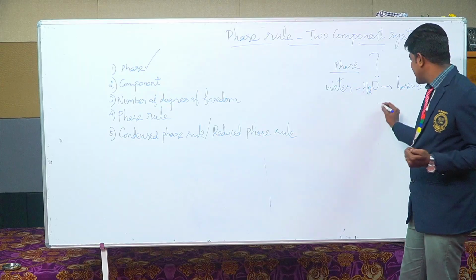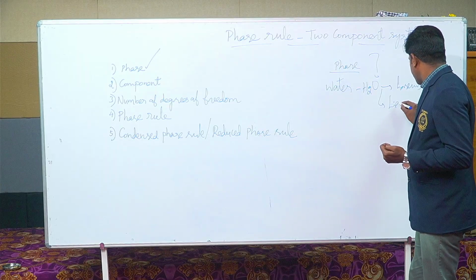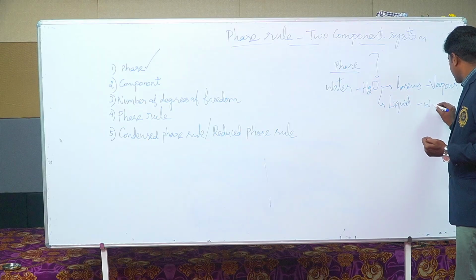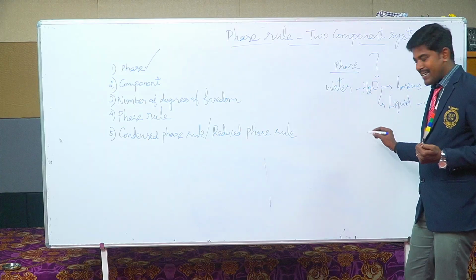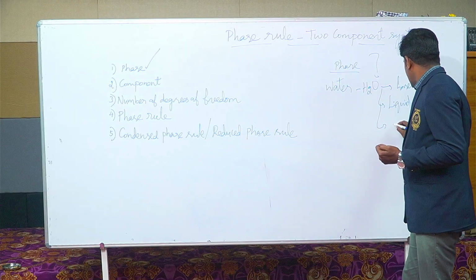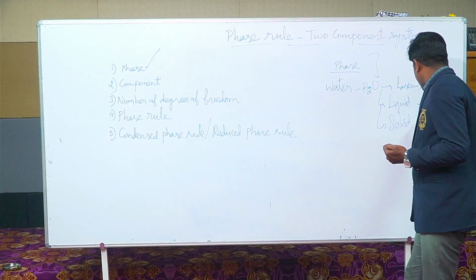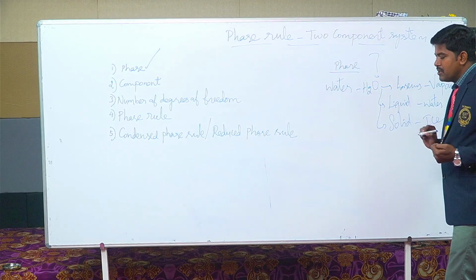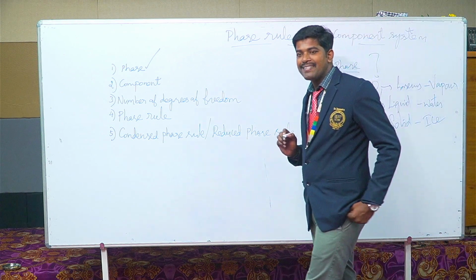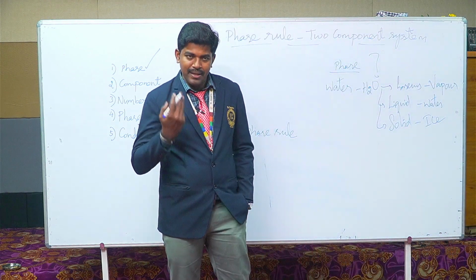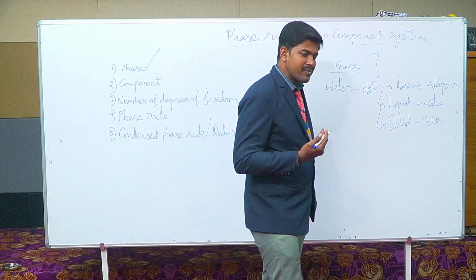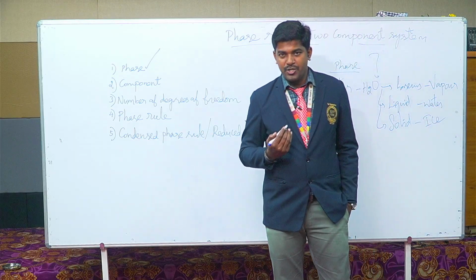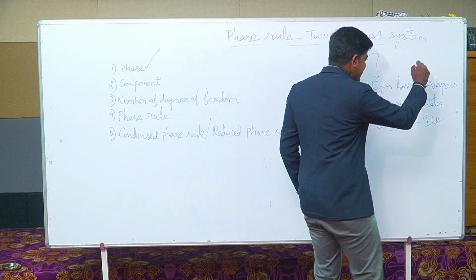It also exists in a liquid phase, which is called water. And it can exist in a solid phase, which is called ice. So the molecule H2O exists in three different phases, solid, liquid and gas, called ice, water and vapor respectively.